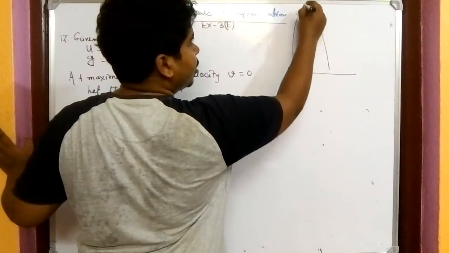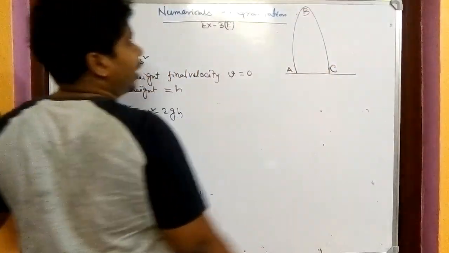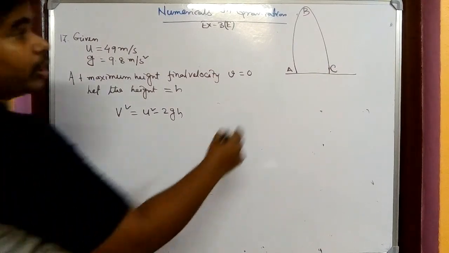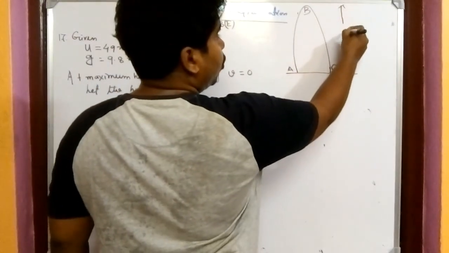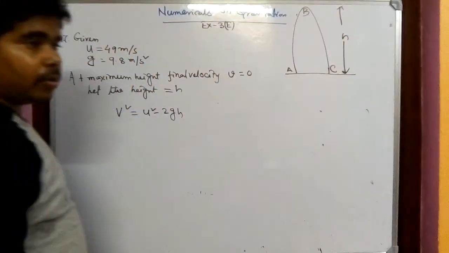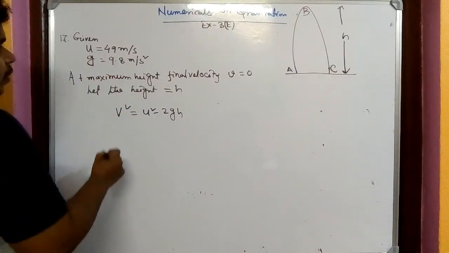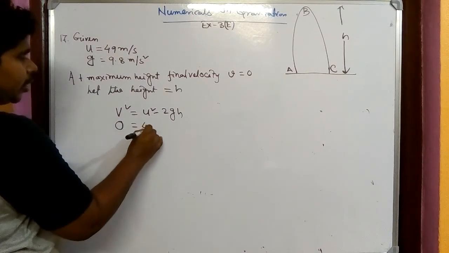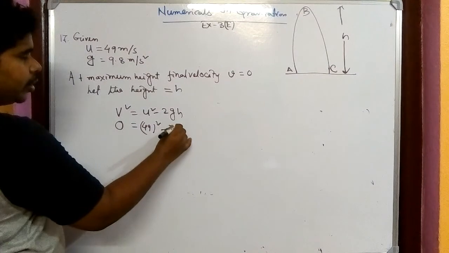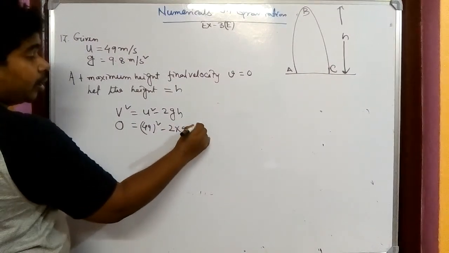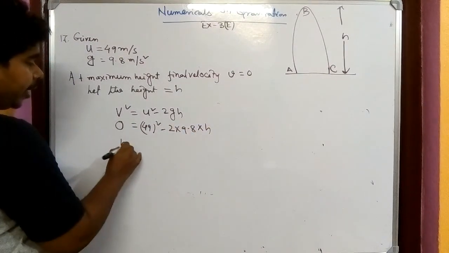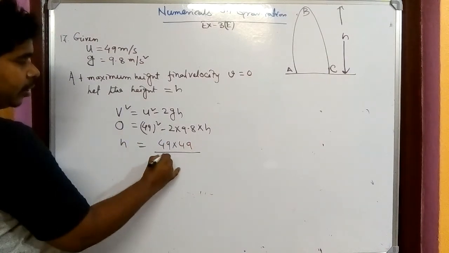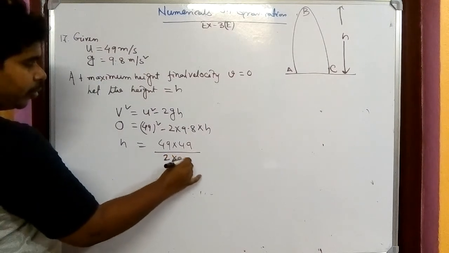Height means maximum height, from A to B. So let's put the values: v square is 0, u square is 49 square, minus 2 into 9.8 into h, or h equals 49 into 49 by 2 into 9.8.